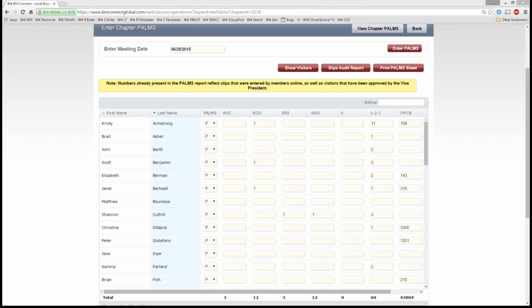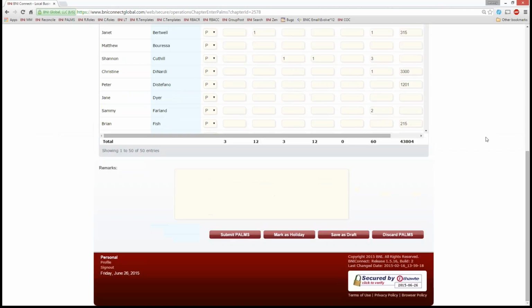All right, so does that answer your question, Ruth, about going back? Each POMS report is independent, so it won't affect this meeting. One other note about this is that you'll see there's a couple of other options at the bottom. There's discard POMS. So let's say the POMS report is completely messed up and you need to start over again.